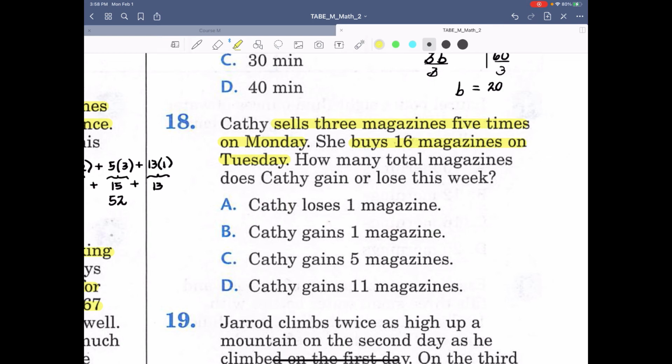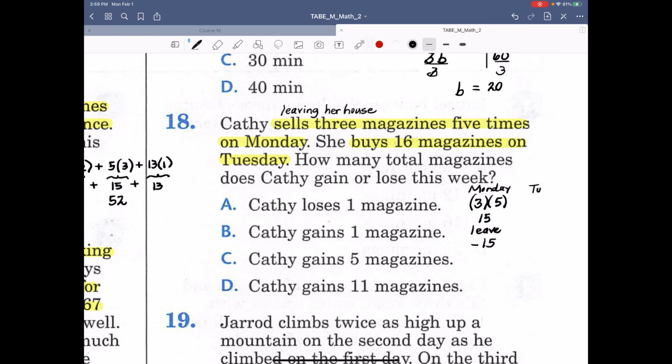If she sells magazines, that means that they are leaving her house or her possession. So we have 3 magazines 5 times. This is on Monday. So I would say that 15 magazines leave her house on Monday. That is leaving her house.